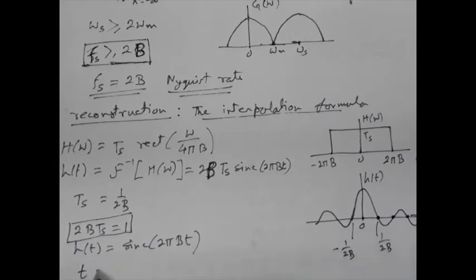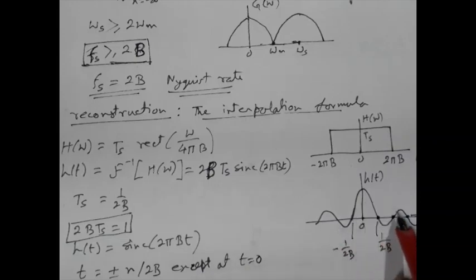That means t equal to plus minus n by twice B, except at t equal to 0. That means this sinc function has got a certain finite value only at t equal to 0, and at other sampling instants it is showing 0.